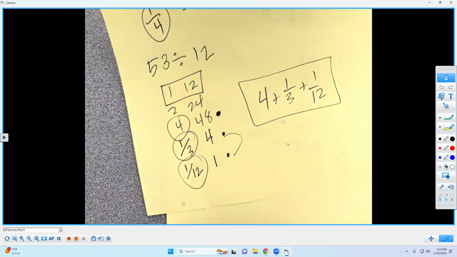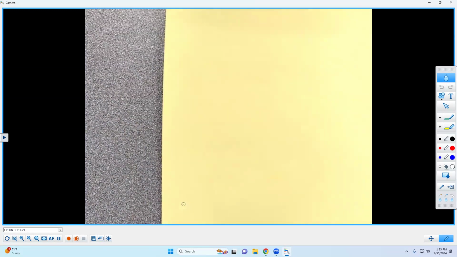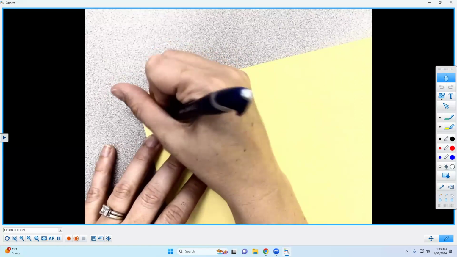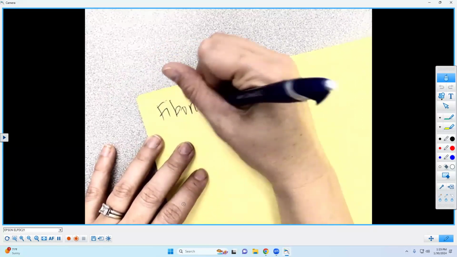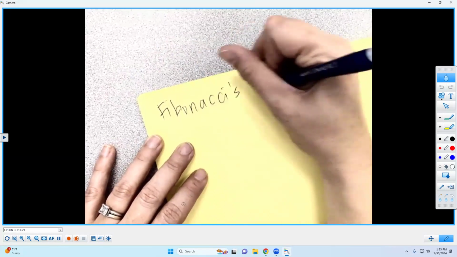It's called Fibonacci's method, okay? And we will learn all about Fibonacci in a few weeks. But this is another way to decompose fractions. So this is a different method for decomposing fractions, and it's called Fibonacci's method.